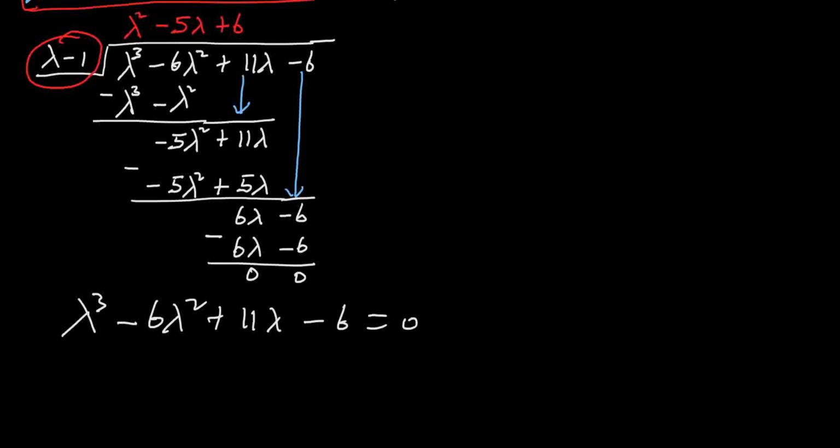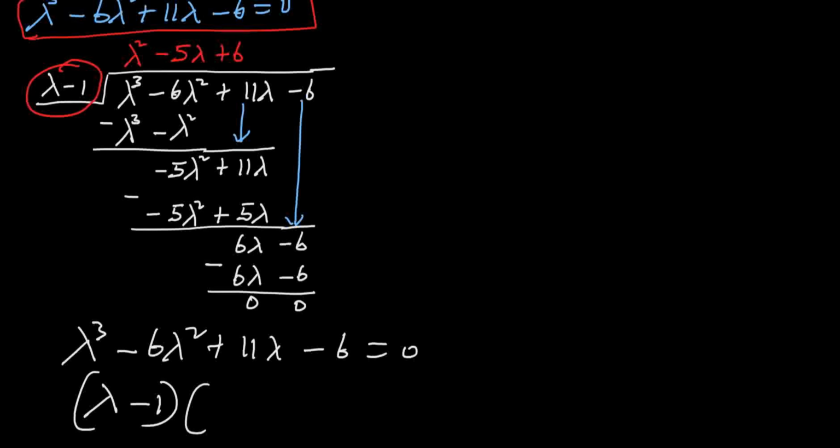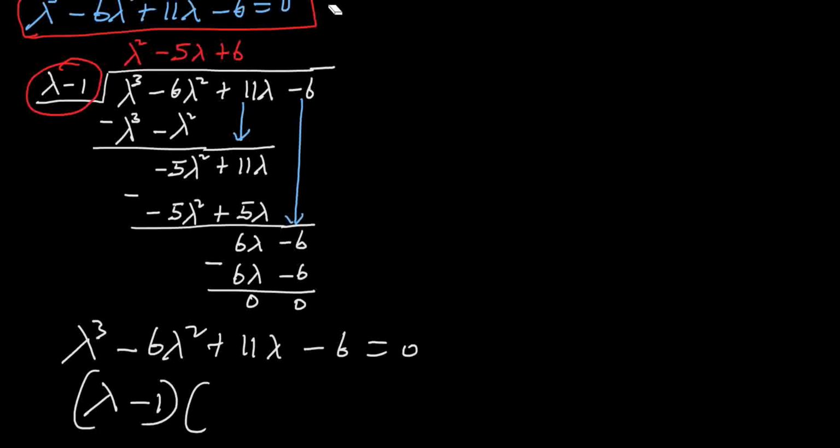so bring it down. So lambda minus 1 in parentheses, and then the second factor is what we have here. Okay, so let's bring it here.